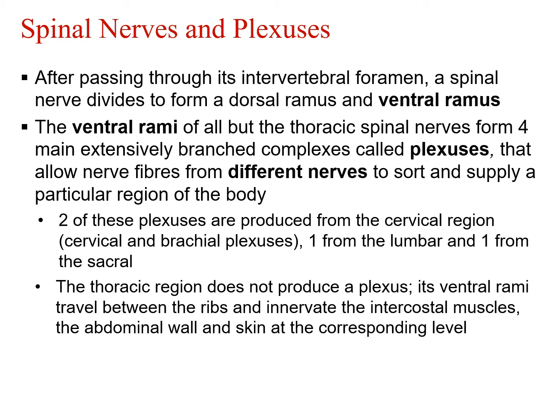Now, the thoracic region does not produce a plexus. Its ventral rami travel to the areas of the thoracic region directly at the level at which they exit the spinal cord. So the thoracic area maps pretty cleanly to the level of the spinal cord in that region.